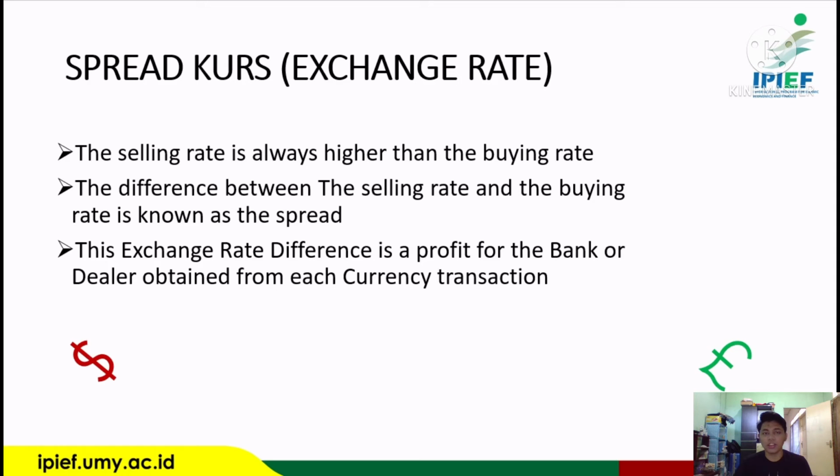We know that the selling rate is always higher than the buying rate, and this difference can be a profit for the bank, or a dealer, from each currency transaction.